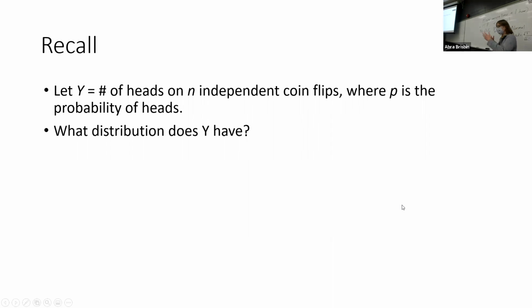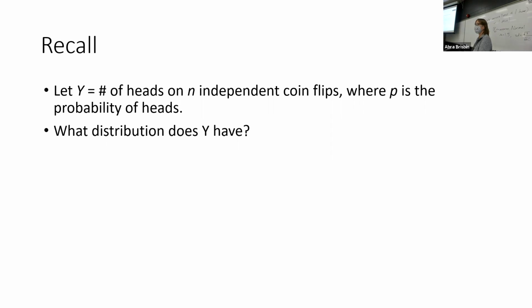So to get us warmed up, let's recall from Math 346. Let's let y be the number of heads that you get on n independent coin flips that each have the same probability of heads p. What distribution does y have?